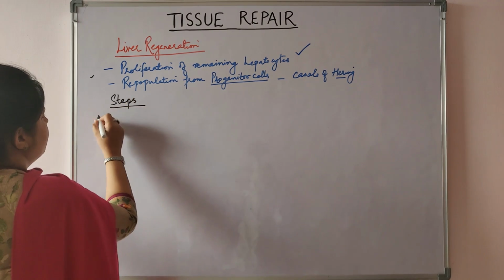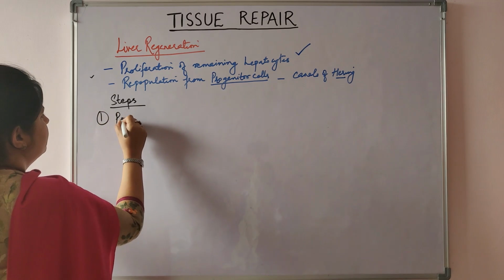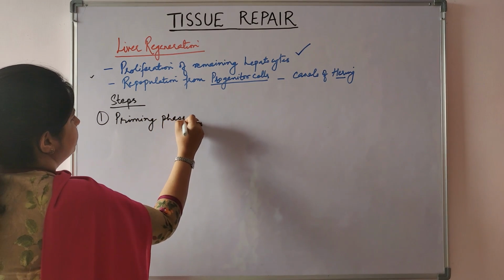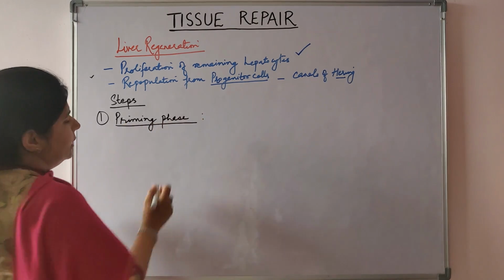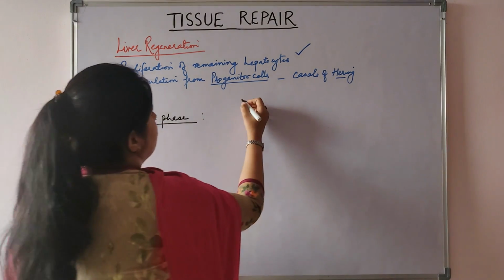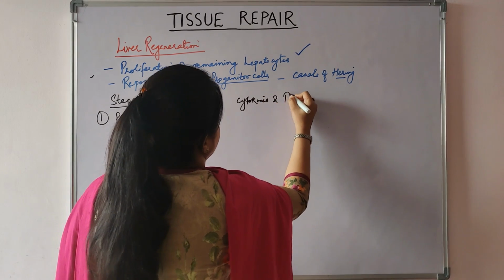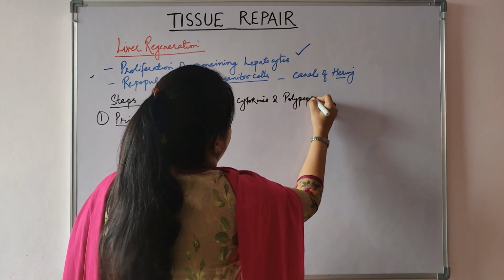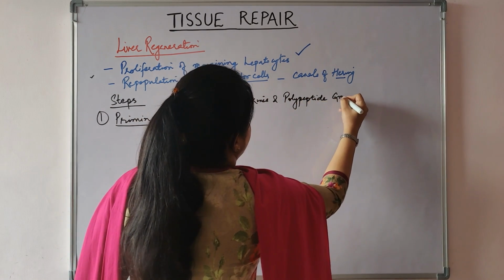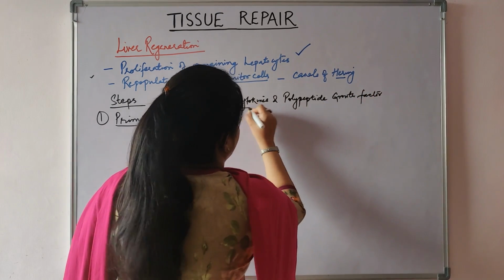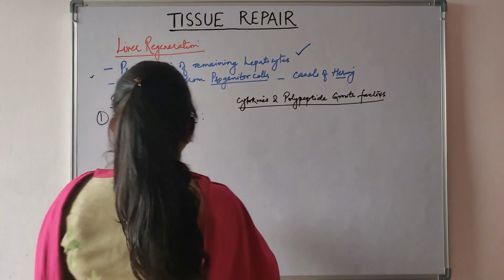The first is the priming phase. In regeneration, various cytokines and polypeptide growth factors play important role in proliferation.